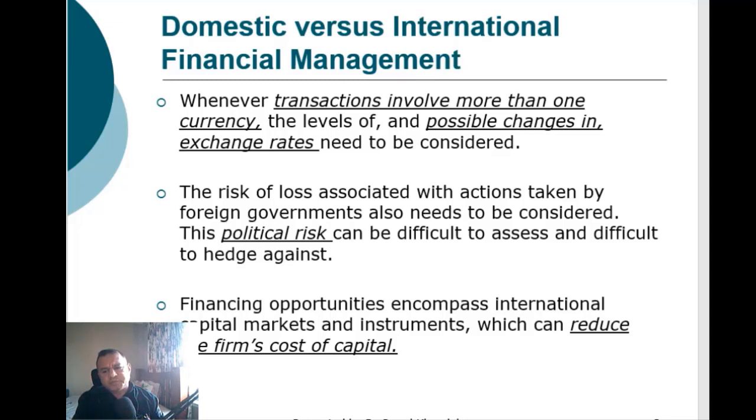The risk of losses associated with action taken by foreign government also needs to be considered. So what happened to the international operation? How friendly are the international governments? And we need to think about the political risk in the country where we are going to set up an operation for our business. We also need to think about the opportunities in the international capital market and the instruments that might be required for us for the funding activities.